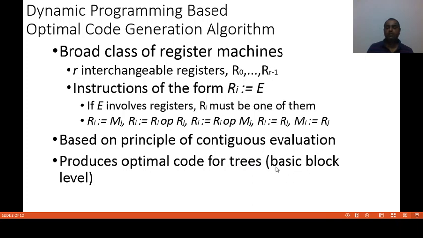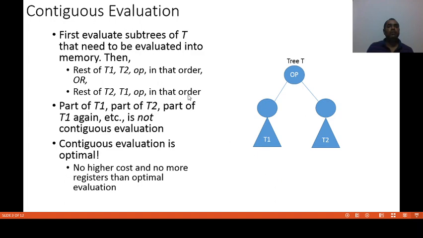You can see. Now, what is contiguous evaluation? First evaluate subtrees of T. This is the tree here, the name of this tree is T. First evaluate the subtrees of this tree T, that means this one and this one.